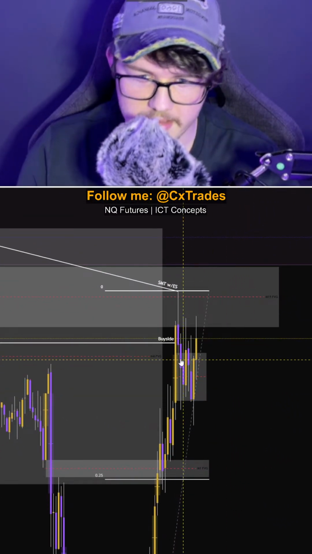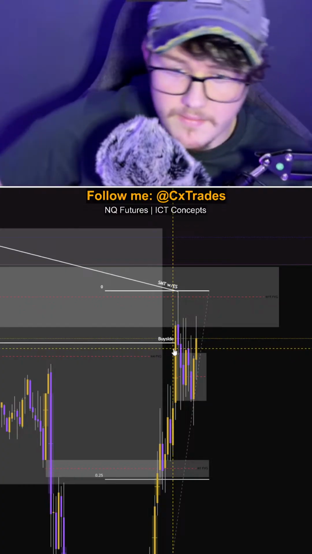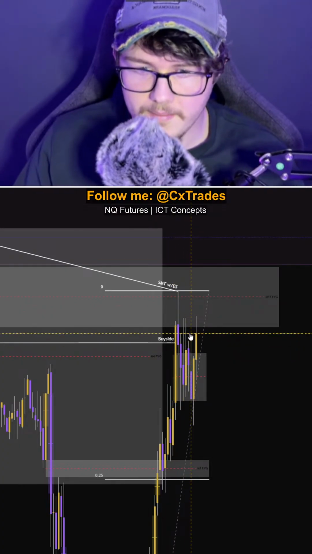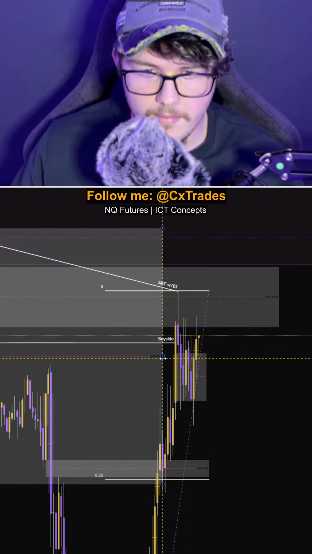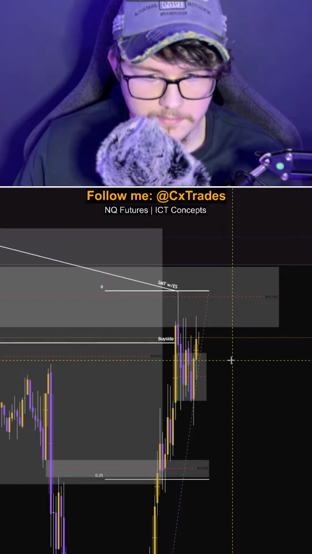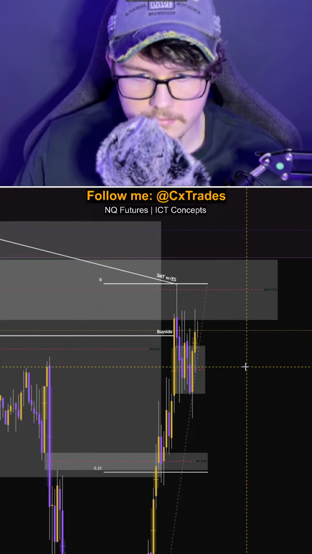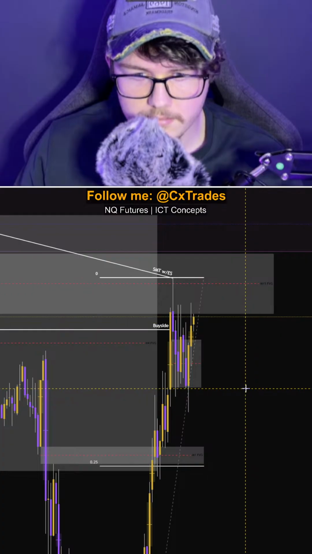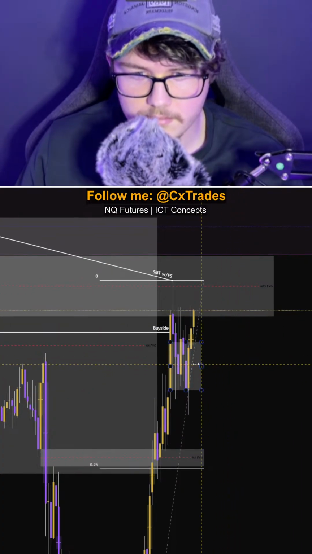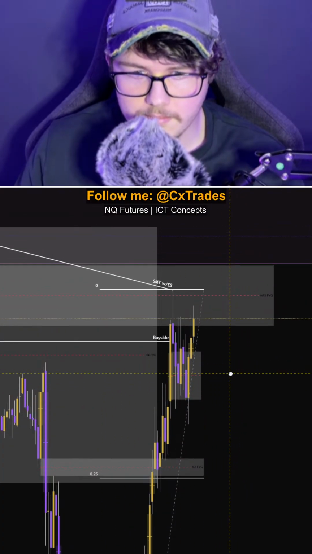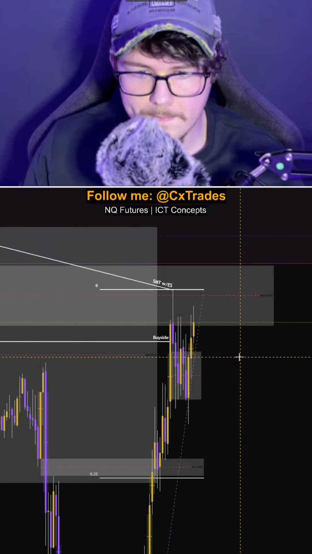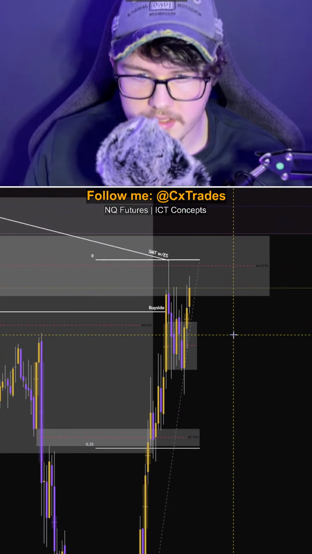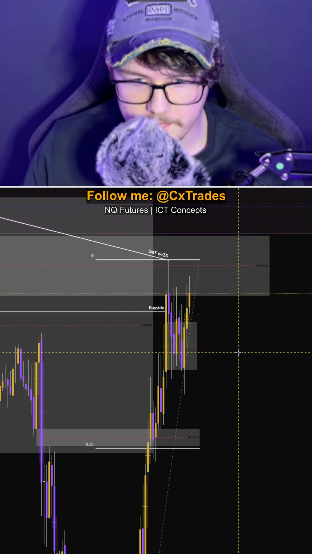That's why this isn't bad. You've swept buy side, tapped into a higher time frame FVG. I don't think price is going to give us that retracement that we want.